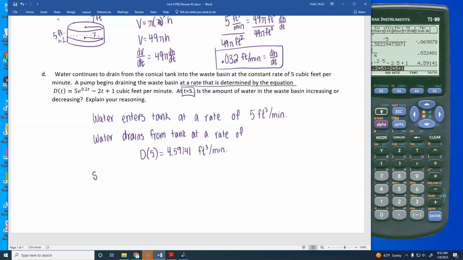All right, so at t equals 5, the amount of water in the waste basin is increasing because D of 5 is less than 5 cubic feet per minute.